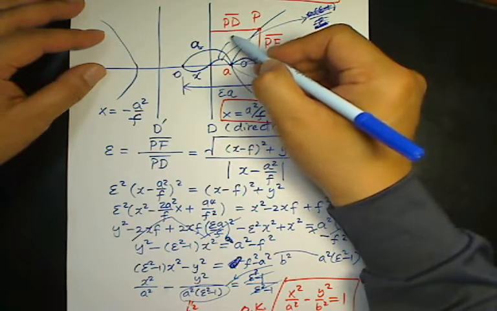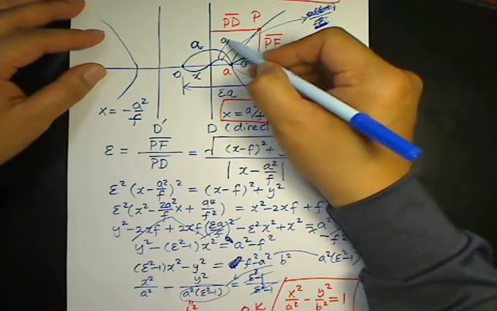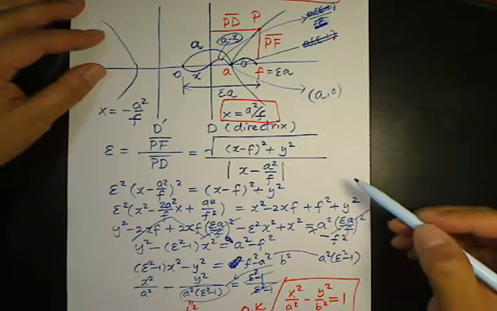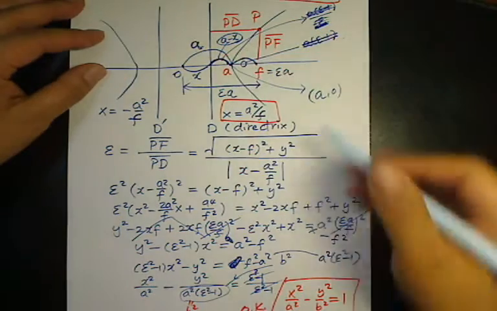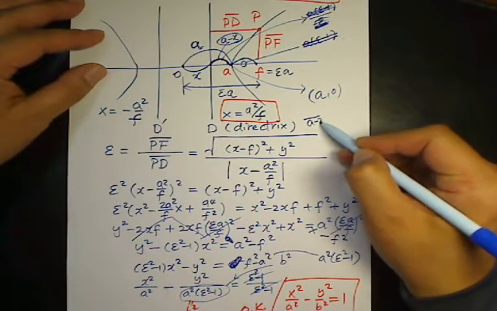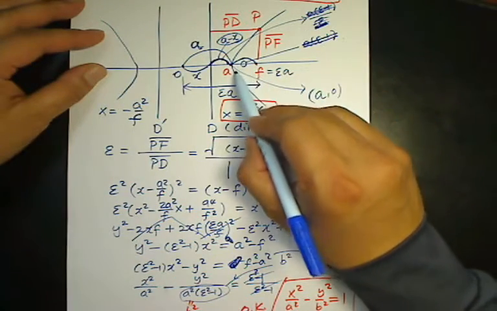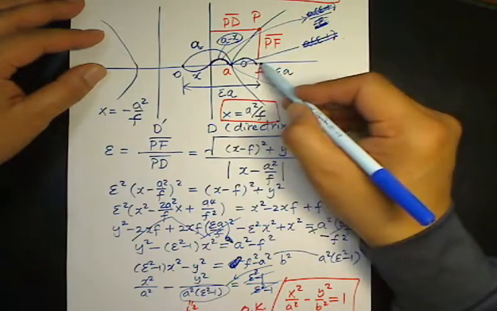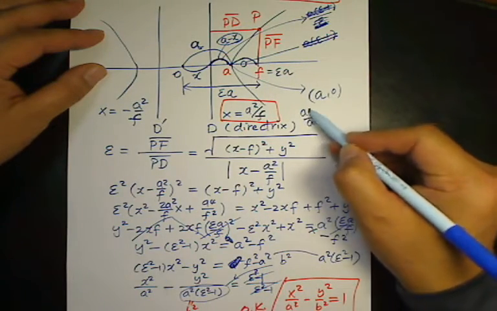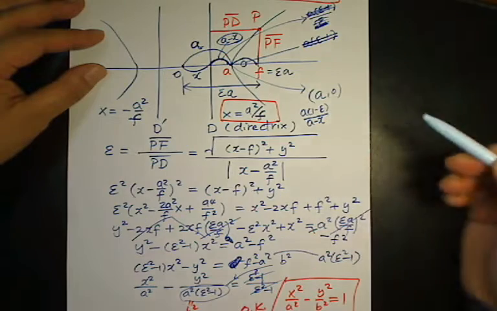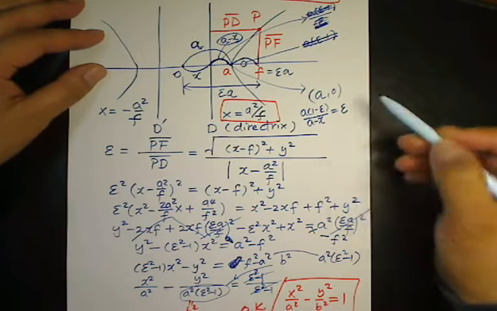This is a minus x, right? A minus x over this distance, a times 1 minus epsilon, should be epsilon.